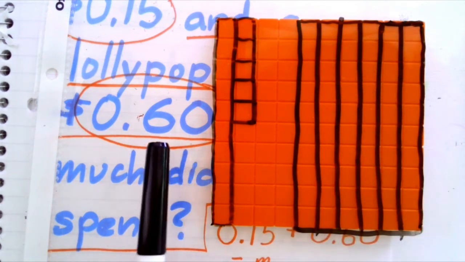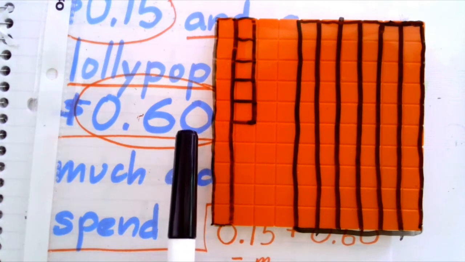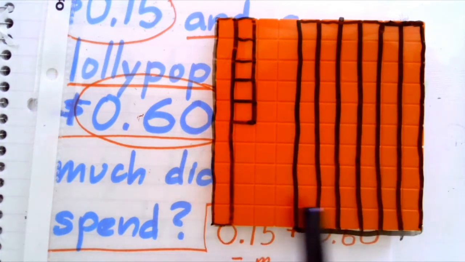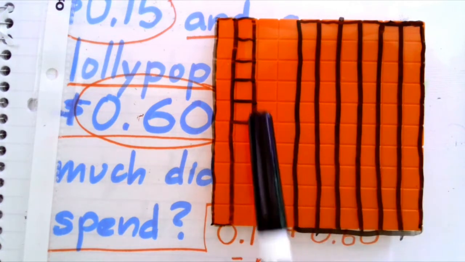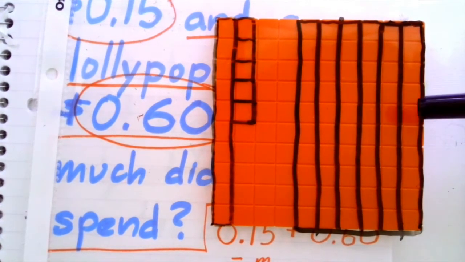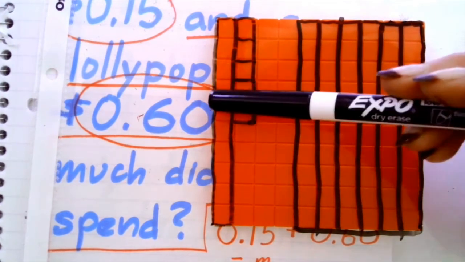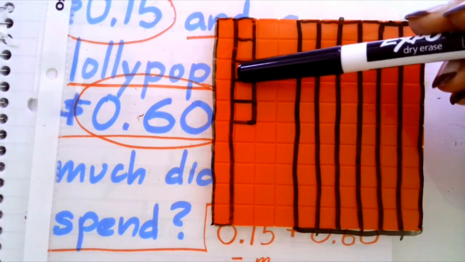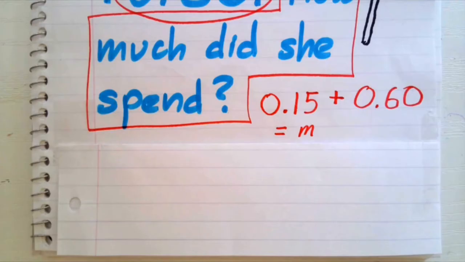It is. I should say 60 hundredths. You see why? There's a 0 in the hundredths place. So 60 hundredths plus 15 hundredths, how much is this making altogether? How many tenths and how many hundredths do you see? Let's count them. 1, 2, 3, 4, 5, 6, 7 tenths, and 1, 2, 3, 4, 5 hundredths. 7 tenths and 5 hundredths.